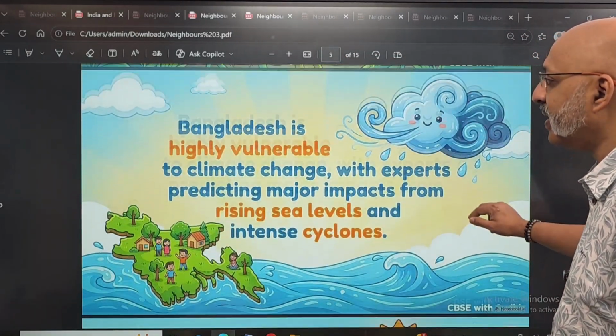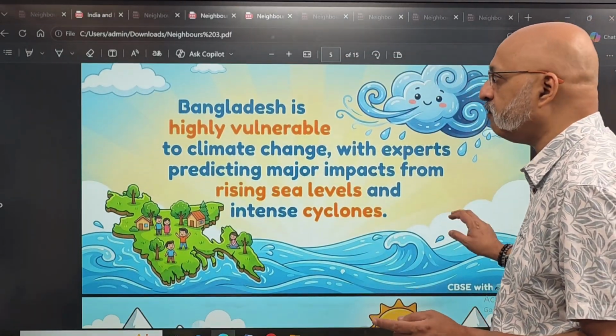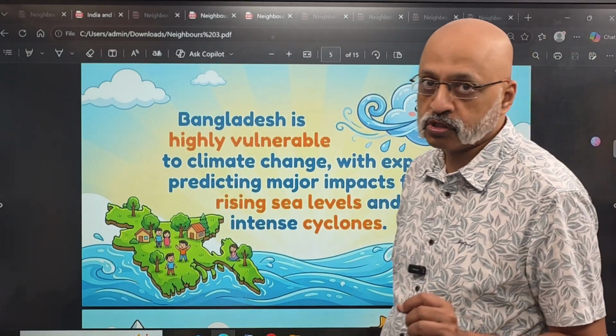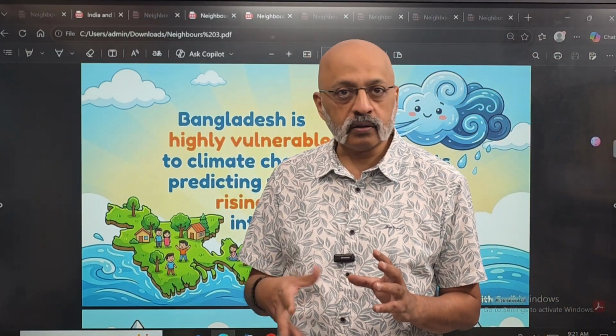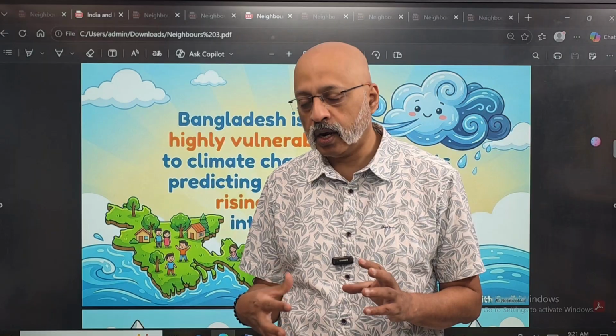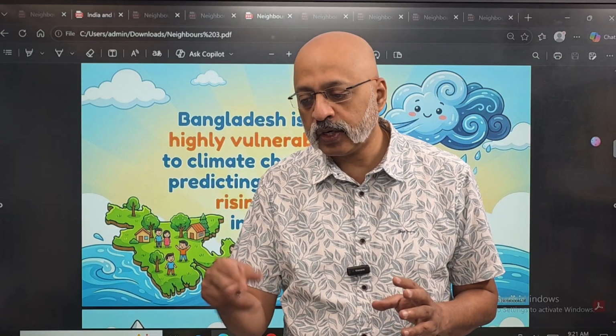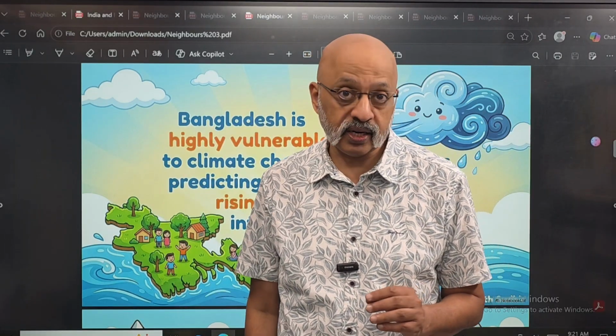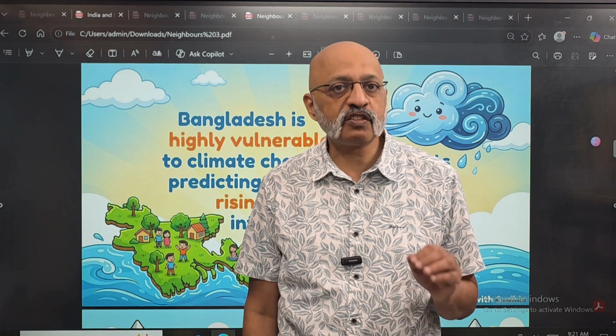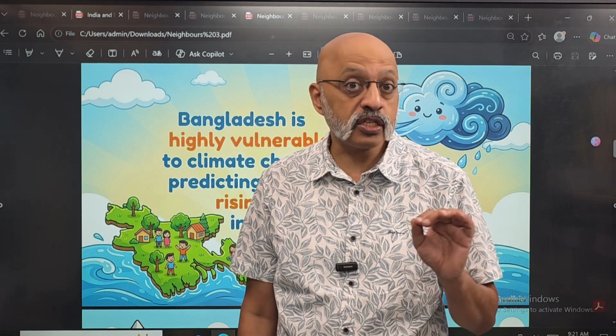Then Bangladesh is highly vulnerable because it faces a lot of cyclones, right? Sometimes they start around Tamil Nadu. Everybody thinks it will hit Tamil Nadu, but it keeps moving eastwards, and sometimes goes and hits Bangladesh. So Bangladesh has always faced the fury of cyclonic storms.